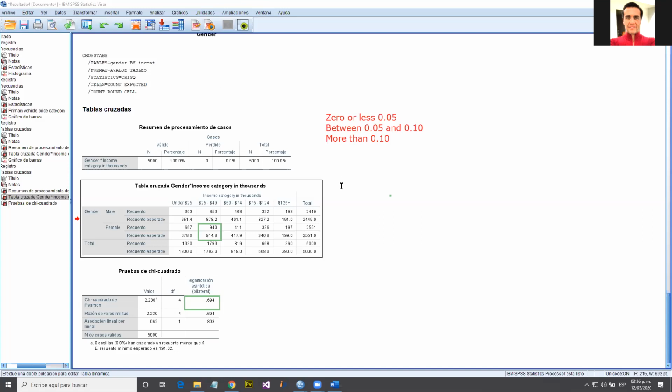Let me write it down. This is the percentage of being wrong if I say that the differences are by chance. Read it and please let me know if you get it.